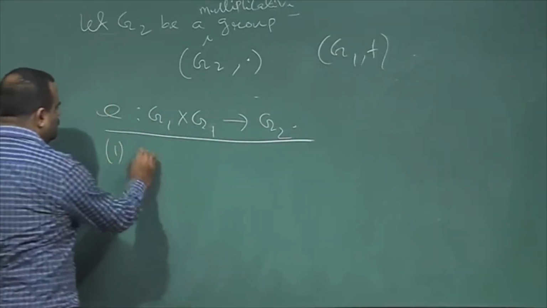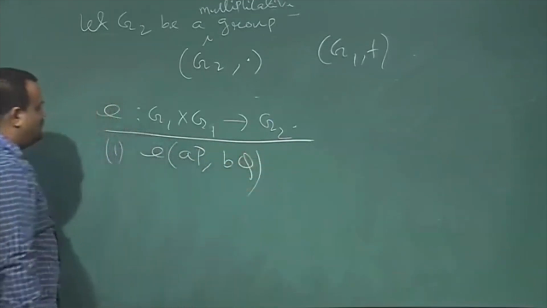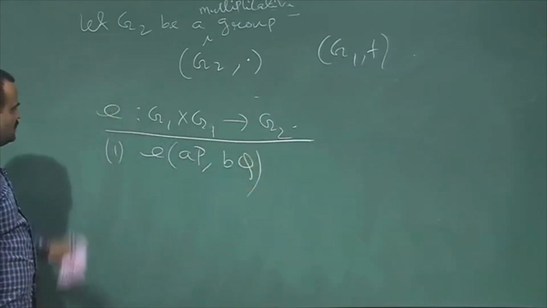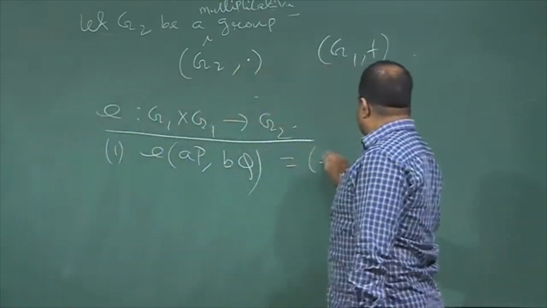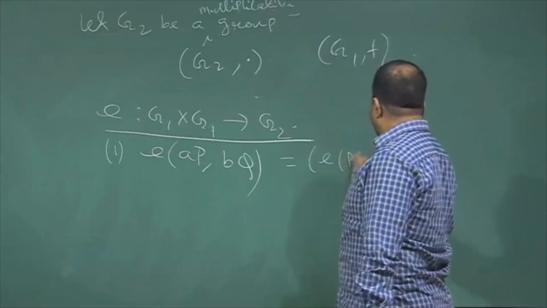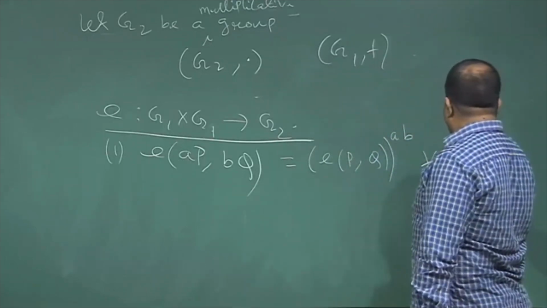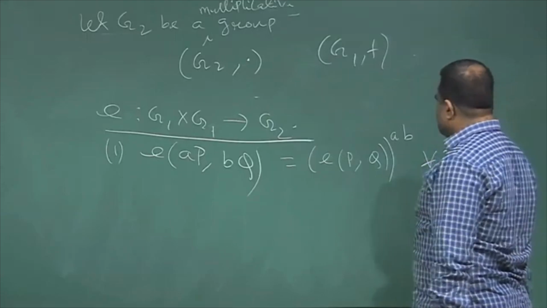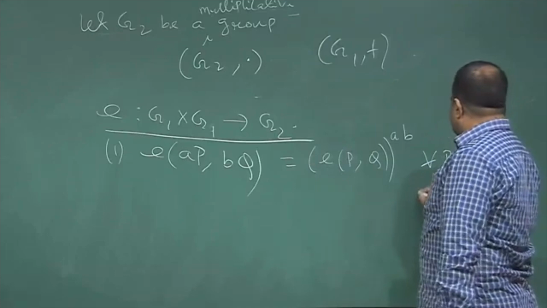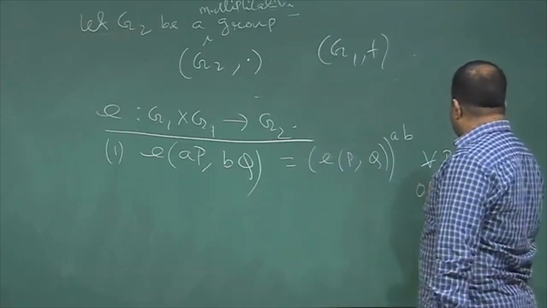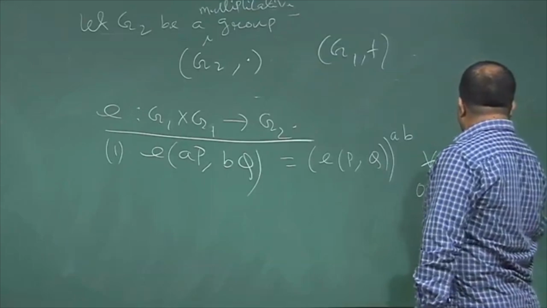If we take E(aP, bQ) for any two elements P, Q from G1, this should give us E(P, Q) to the power ab, for all P, Q from G1 and a, b any two indices, so maybe 0 less than a, b less than the order of the group.